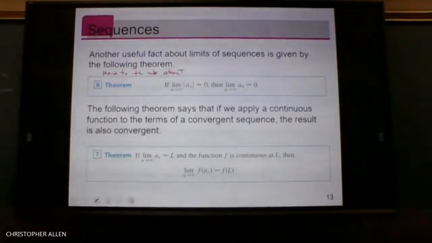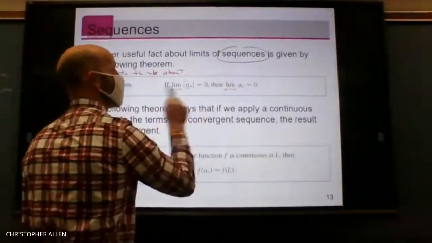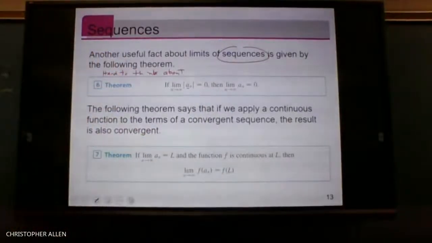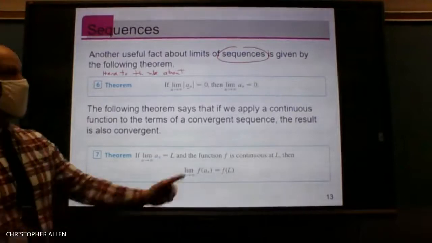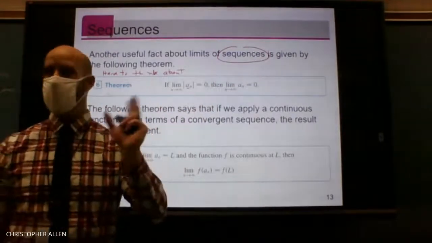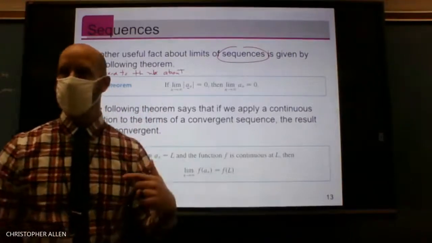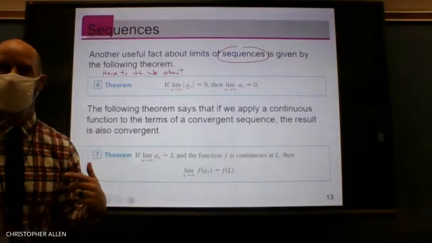So here's what the first theorem says. Remember, we're talking about sequences. That's what this is: a sub n is a sequence. It turns out that if you have a sequence that maybe alternates sign, which is common, it goes positive, negative, kind of like Stephen's sequence at the beginning of class.